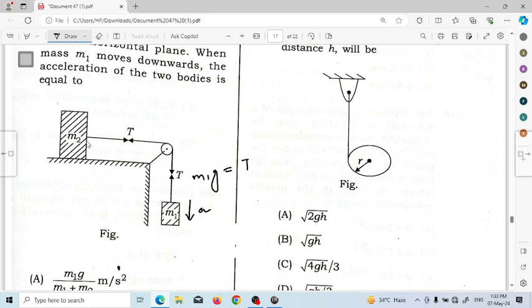Next, for body 2, m1a minus t is equal to... just a minute.